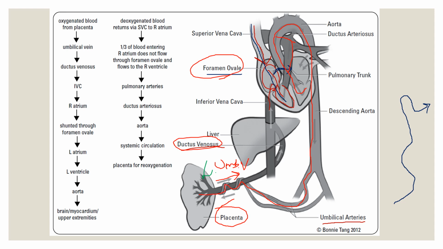Now here is another mechanism wherein most of the blood from the pulmonary artery is taken to the descending aorta by the ductus arteriosus, because there is no major role for the lungs.